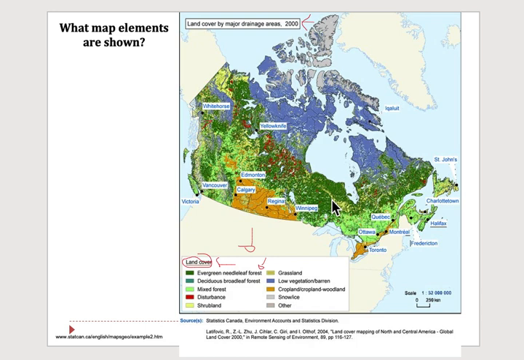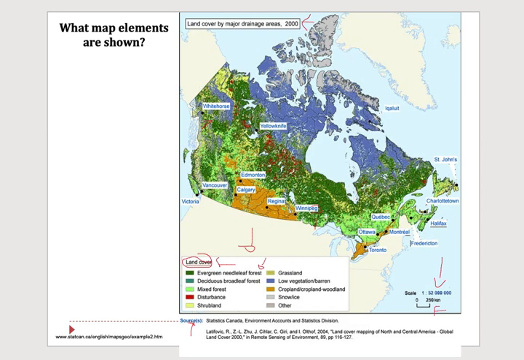So when we see the dark green on the map, this is showing us this area, this region, has an evergreen needleleaf forest. We have our map scale here, and our map scale is showing us a graphic scale and our fractional scale. And we could see the source is least important. So we are seeing our source here at the very bottom of the map. So we are going to look at the map placement.